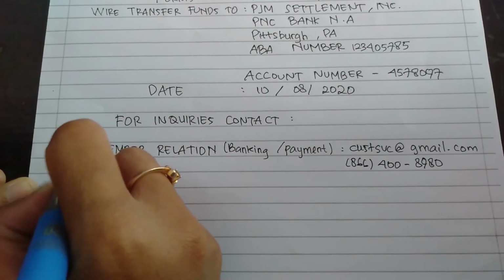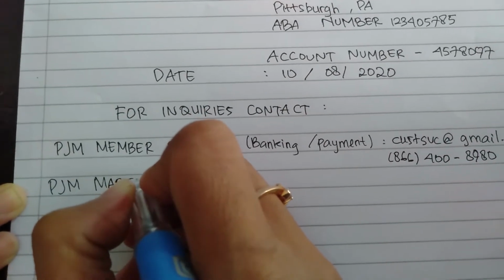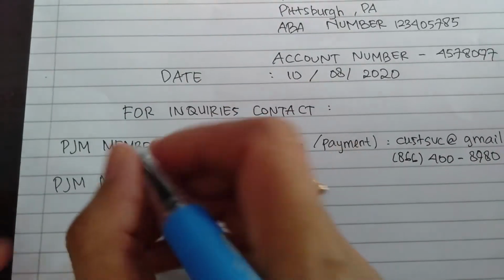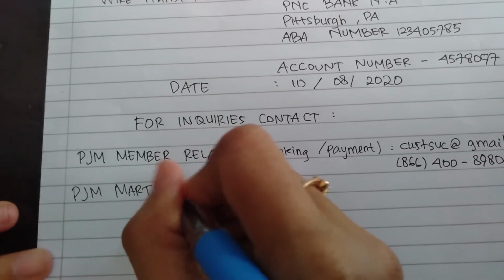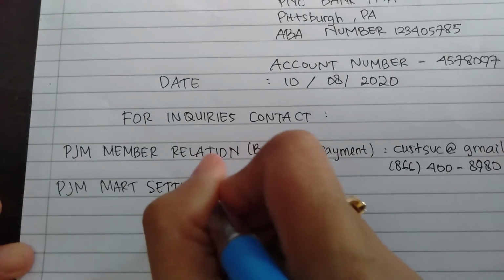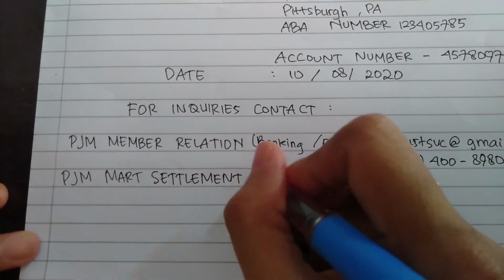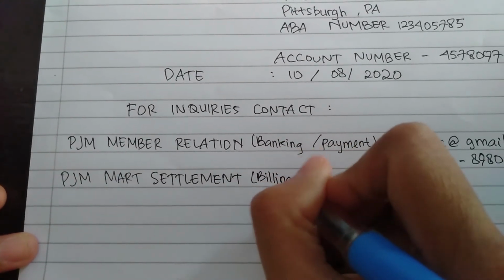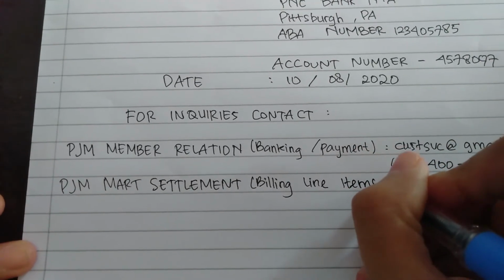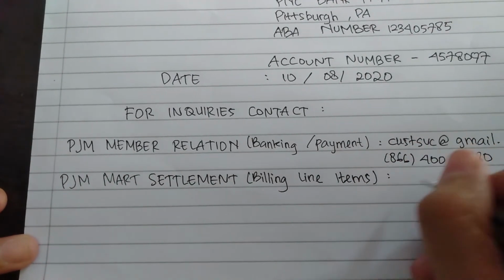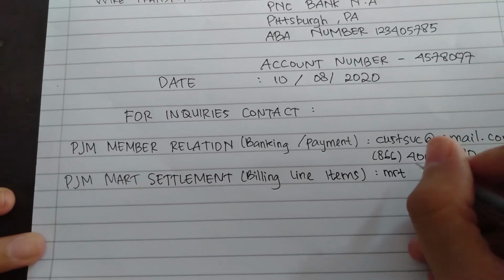The next contact will be issued for billing line items. It is PGM Mart settlement. I'm trying to write down the email address as well as the phone number. Mr. Dean Soto.